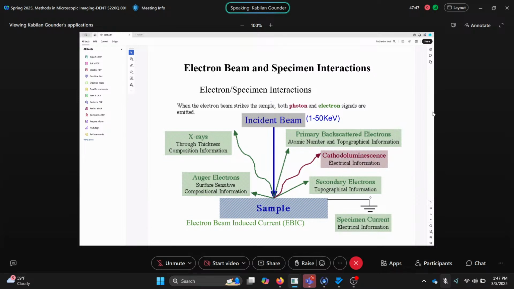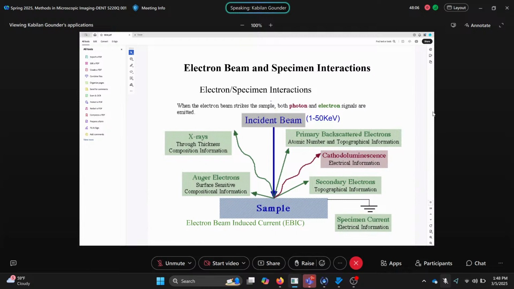Also, Auger electrons give you the compositional information. The X-ray gives you thickness, and you can also analyze composition information.